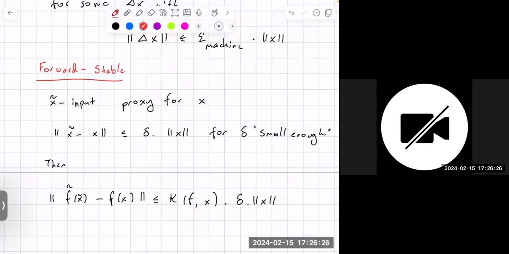The difference between your actual computation here versus the actual thing you wanted to do should be the error you got already in the input, amplified by the condition number of the problem. And for the condition number, there is no way to get around it. It is the sensitivity of the problem, and doesn't have anything to do with your algorithm or your machine precision. So this is some sort of reasonable definition to come up with.